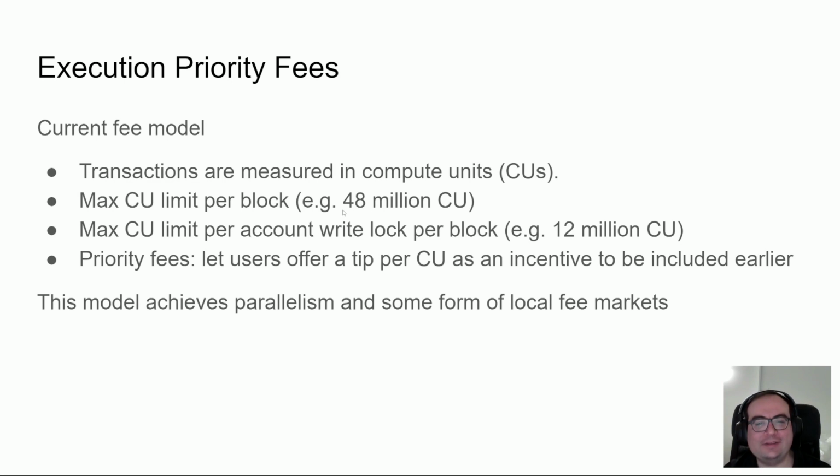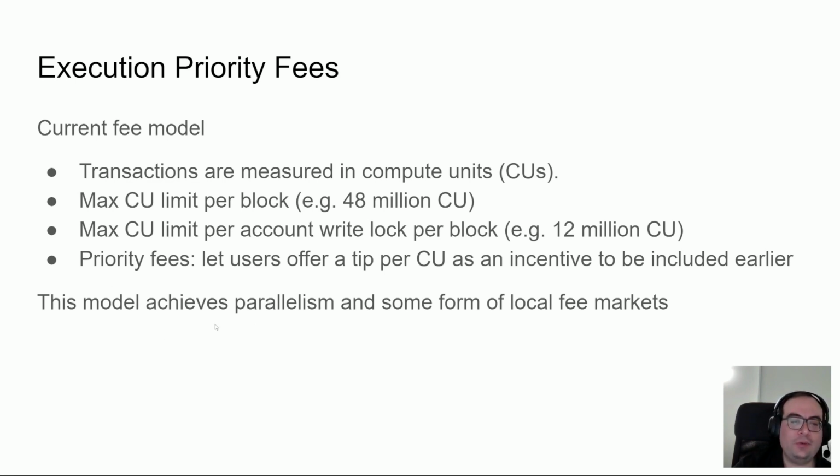It's a fraction of this 48 million CU, let's say 12 million CU. This limit is the maximum amount of compute units that can be used to touch a specific account or a specific application.